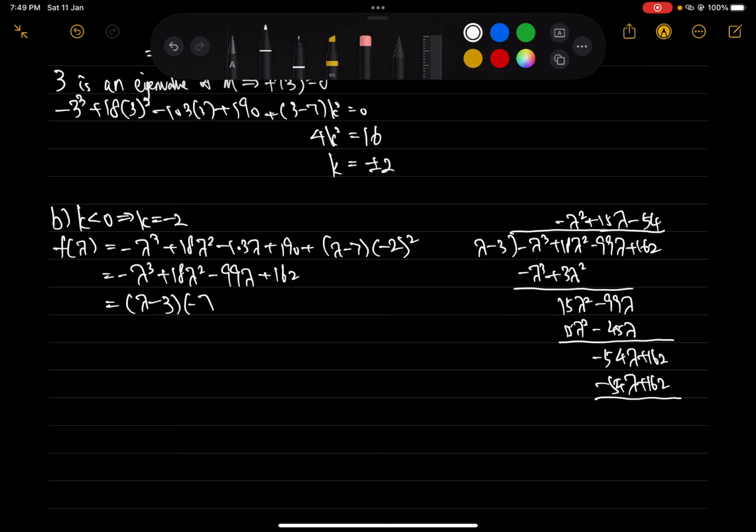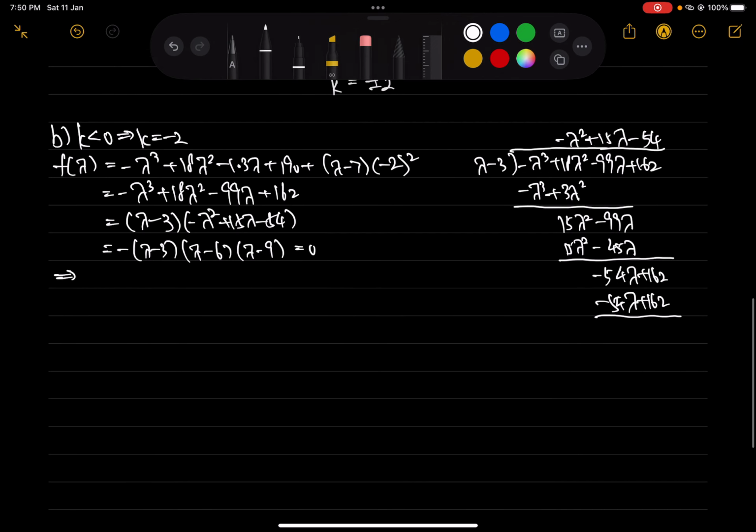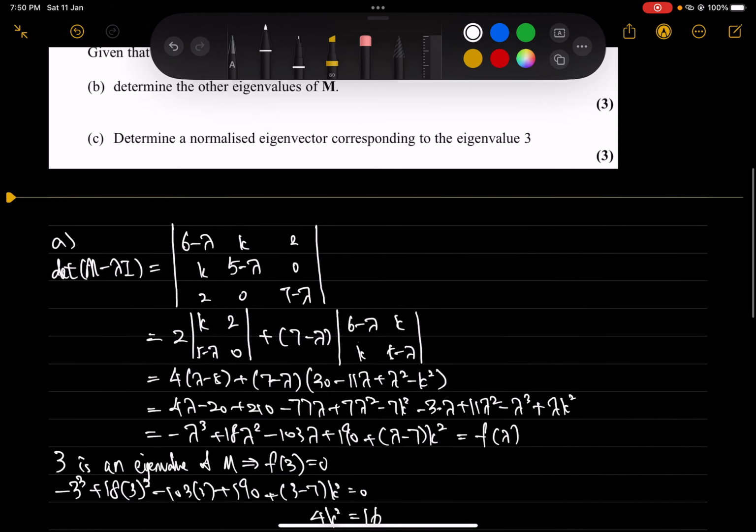So now we have this function, so we could confidently say this is the case, and if this is 0, this implies 6 and 9 are the other eigenvalues.